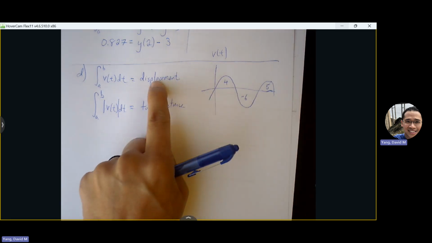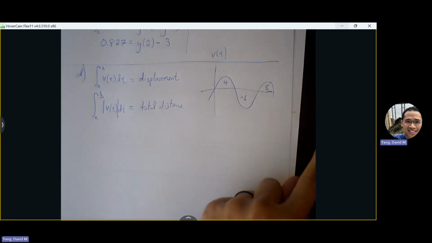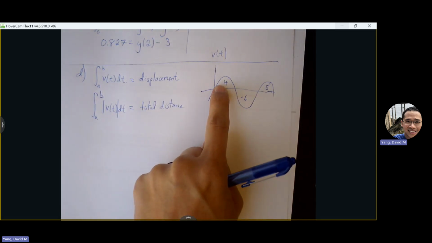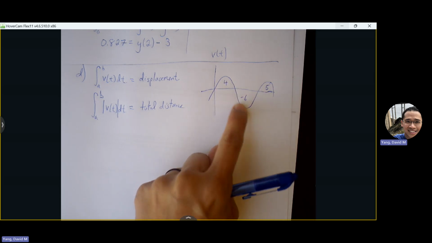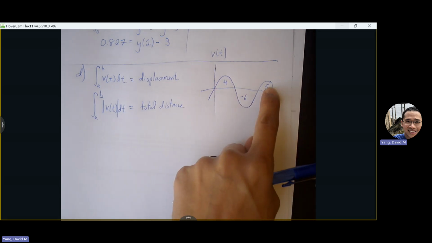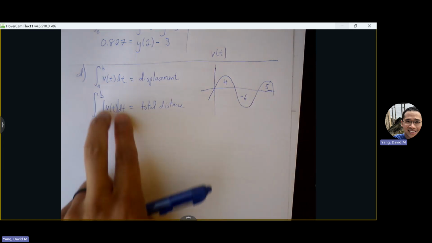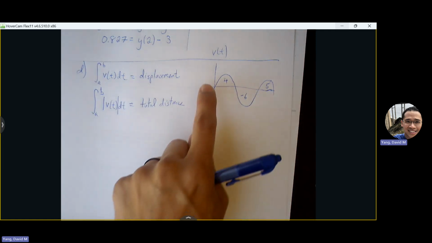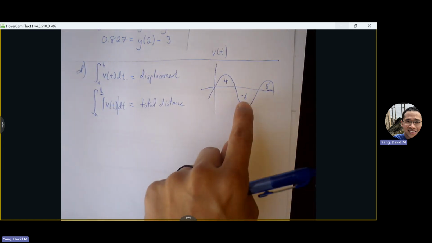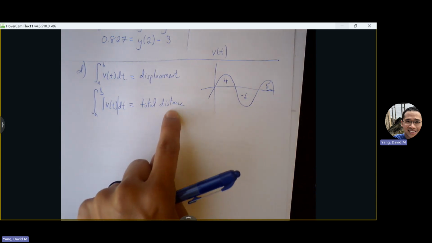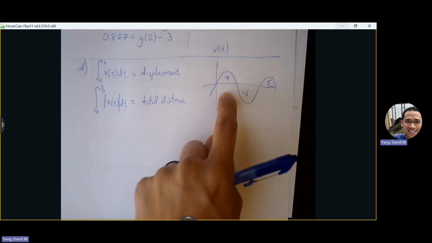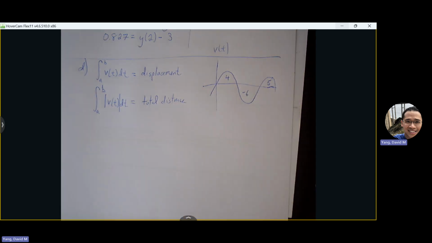That's what displacement will tell you. The total distance will tell you how far you're going to travel. So I traveled 4 units, I took another 6 units, I took another 5 units. So your total distance will make all your negatives positive, and that's what this absolute value does. So 4 plus 6 plus 5 will be 15.